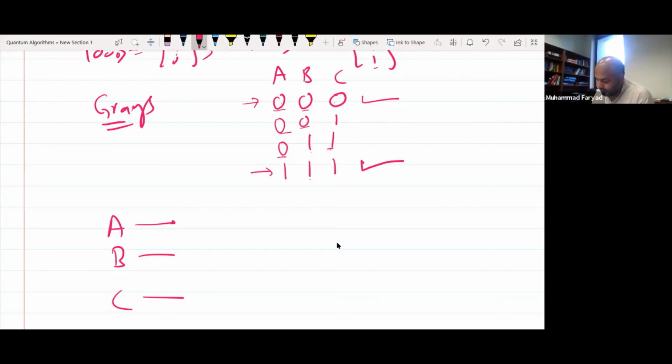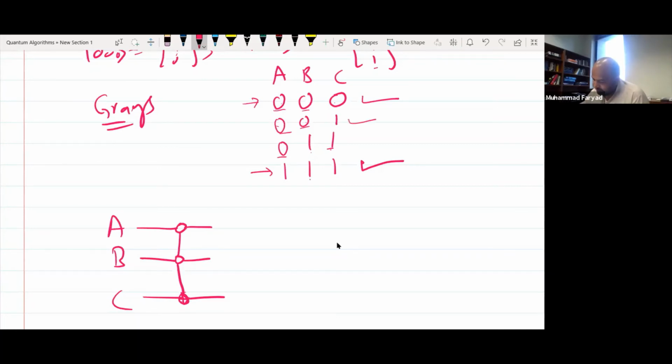So we implement a control NOT gate that is controlled by the qubits that are the same, and the control is specified in this way, that if it is a 0, the control is like this. It's controlled by 0, 0, and then this bit is flipped.